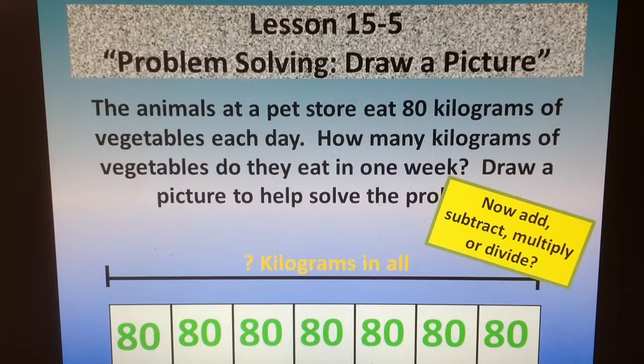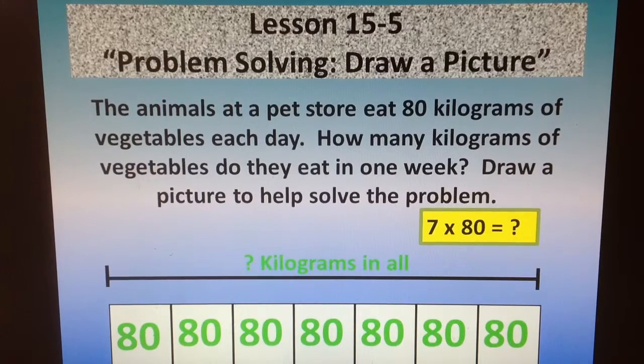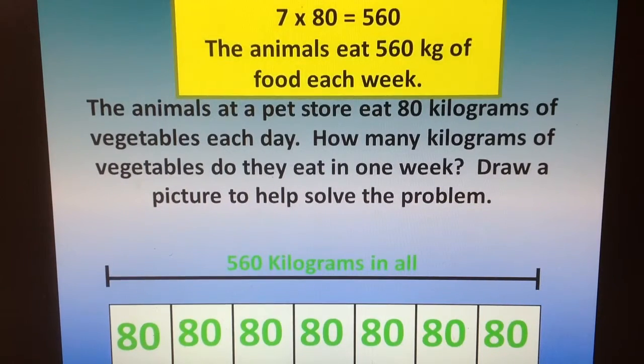Then we had to think about whether it was adding, subtracting, multiplying, or dividing to find how many in all. Really, we could add or multiply. We could add 80 7 times, or we could multiply 80 times 7. 7 times 80 is 560, and we talked about how to find numbers when the numbers are multiples of 10. We reviewed how to find the product.